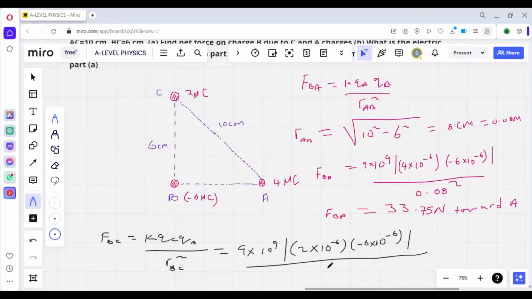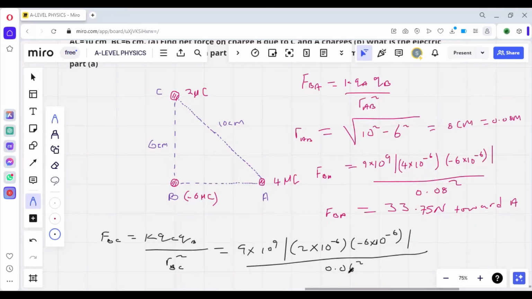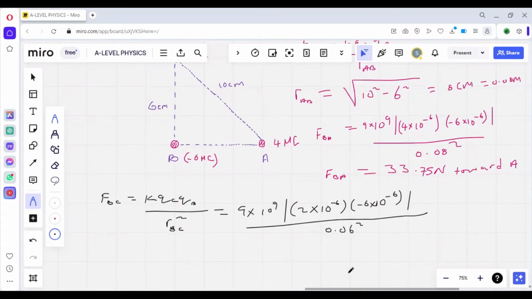If we convert it to meters, that will give us 0.06 squared. Okay, use the calculator again. We have BC equal to, this will give us 30 newtons.